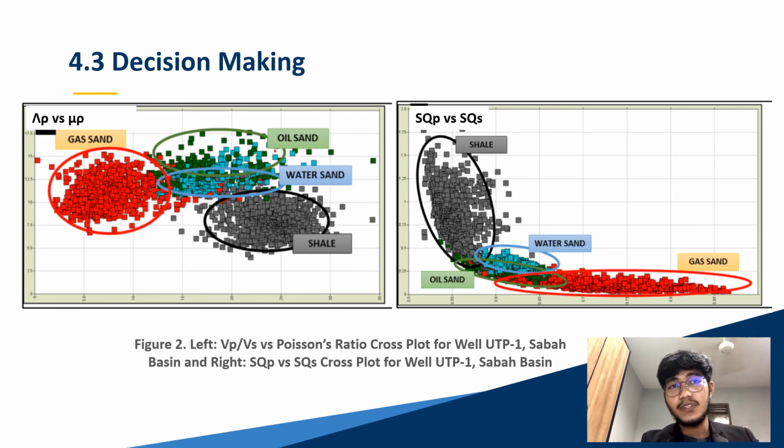But in SQP and SQS, the attributes clearly represent the four distribution curves of gas sand, oil sand, water sand, and shale, where you can clearly identify the lithology and separate it better than lambda rho versus mu rho.